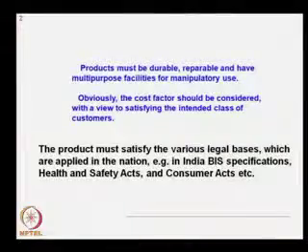Obviously, the cost factor should be considered with a view to satisfying the intended class of customers. It is said that higher income group people may go for new experiments, and very low income group people may go for similar things but with cheap material, because cost is a factor there.